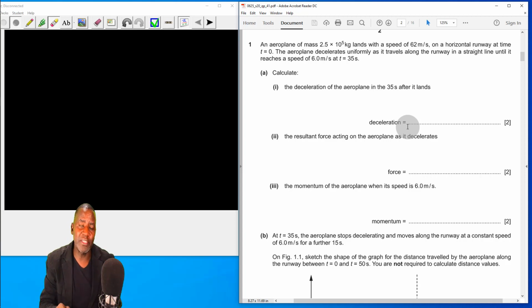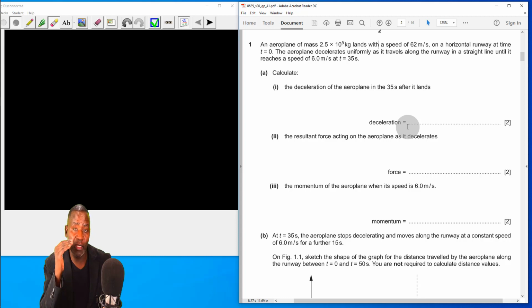Let's see what happens. The aeroplane decelerates uniformly as it travels along the runway in a straight line until it reaches a speed of 6 meters per second at t equals 35 seconds. So v is the final velocity, which is 6 meters per second.